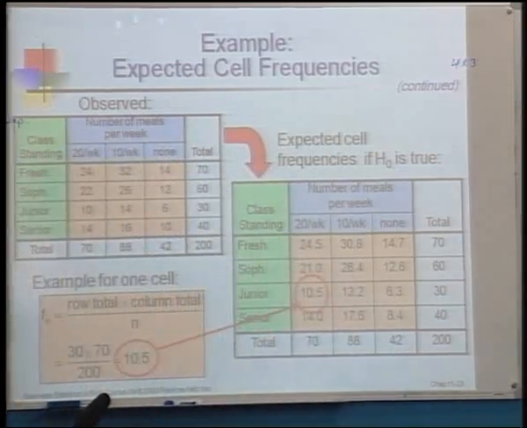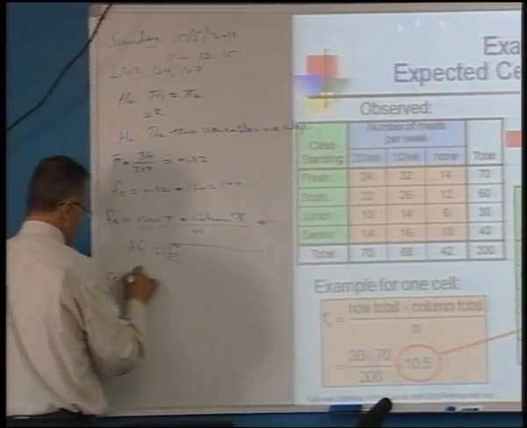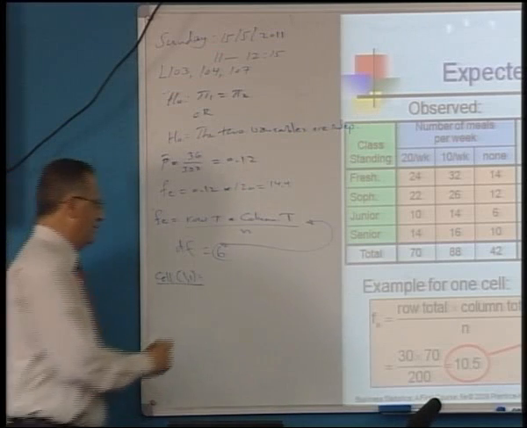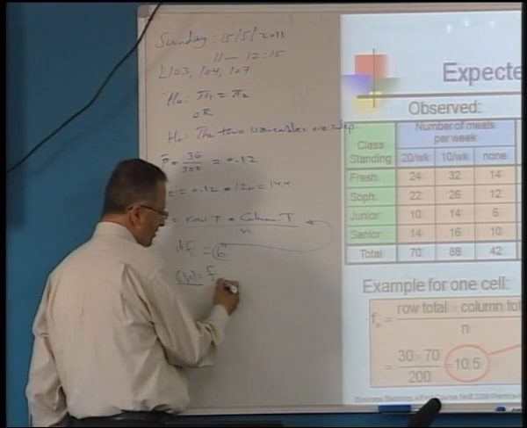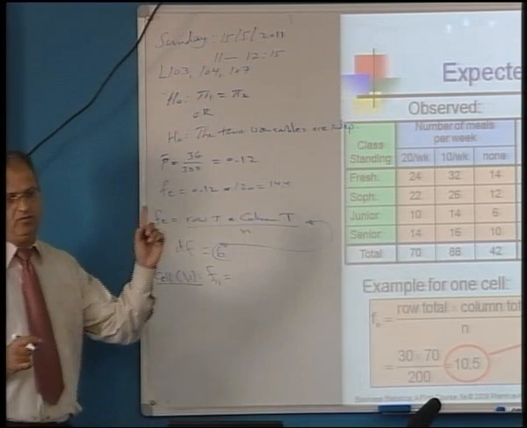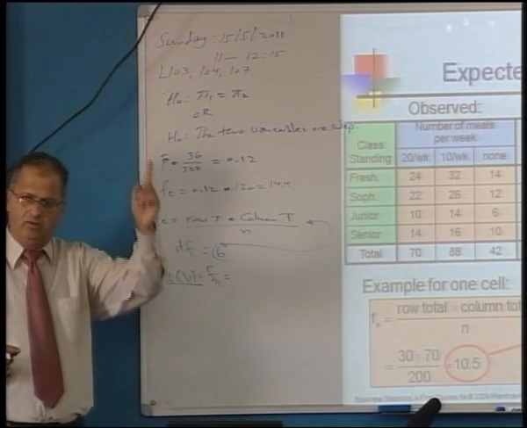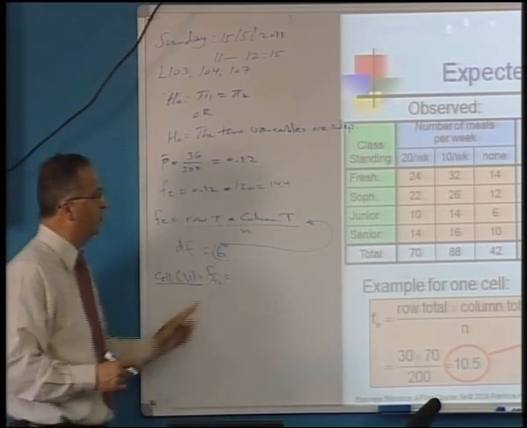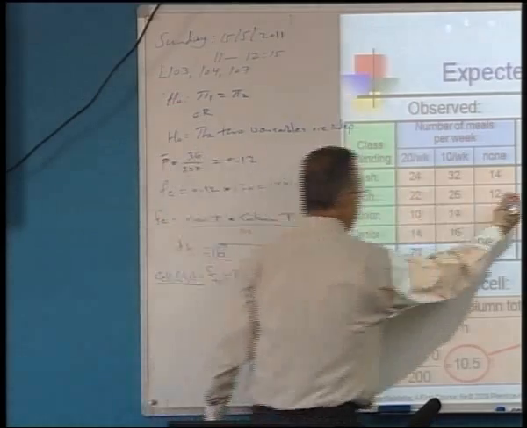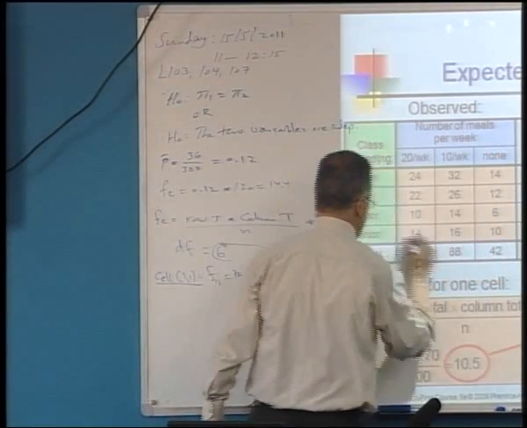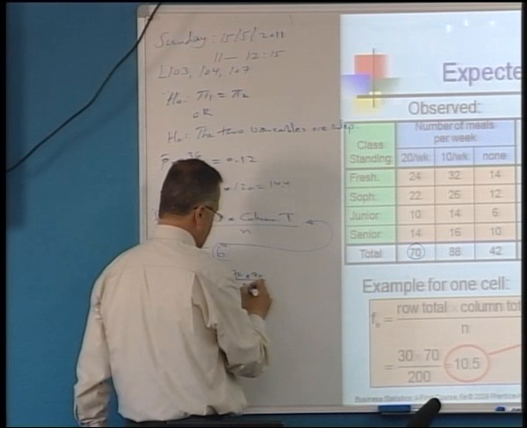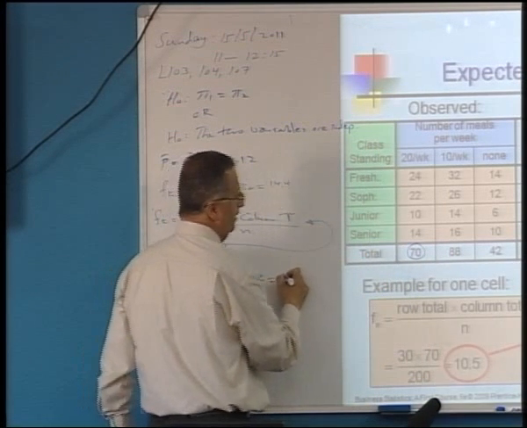So for the first cell, F expected, we can use this notation 11, meaning first row, first column. That should be 70, this 70, multiplied by the column total, again in this case 70, divided by 200. That will give 24.5.